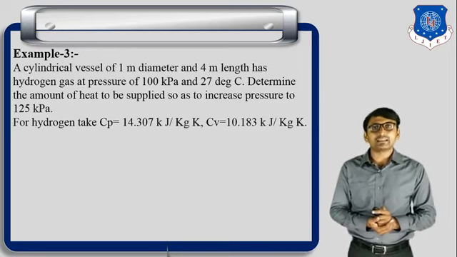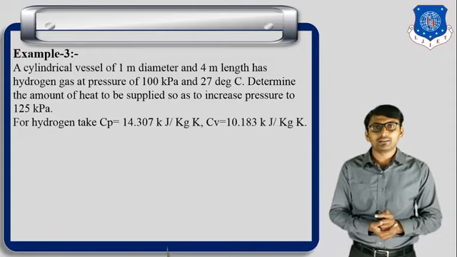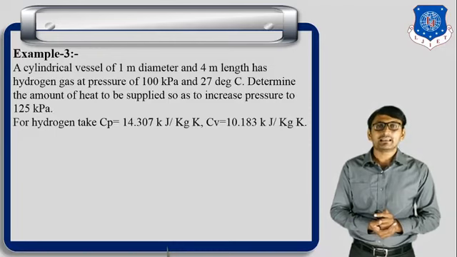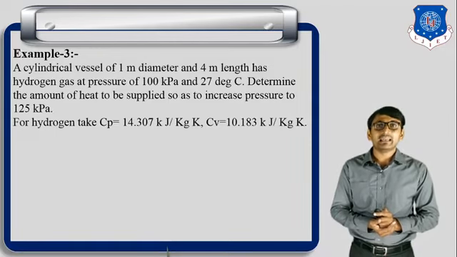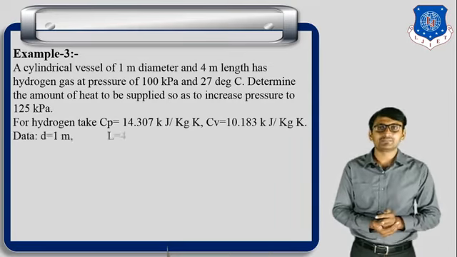So for hydrogen gas, take Cp is equal to 14.307 kilojoule per kg Kelvin and Cv 10.183 kilojoule per kg Kelvin. It is given in example.